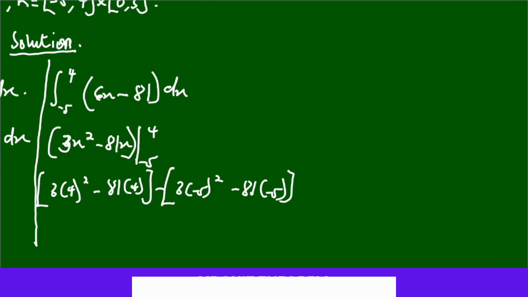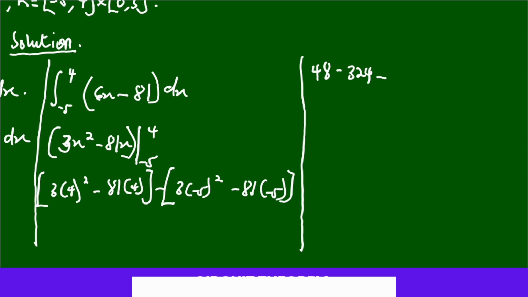So I will do my computations. We have 48 minus 81 times 4, that is 324. All this minus 25 times 3, that is 75.